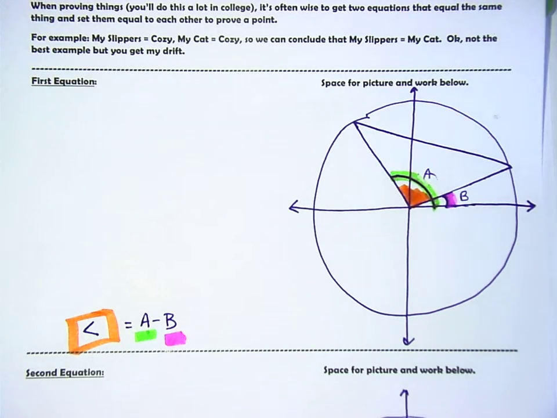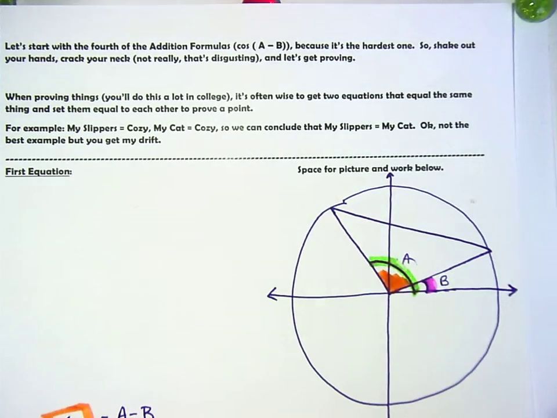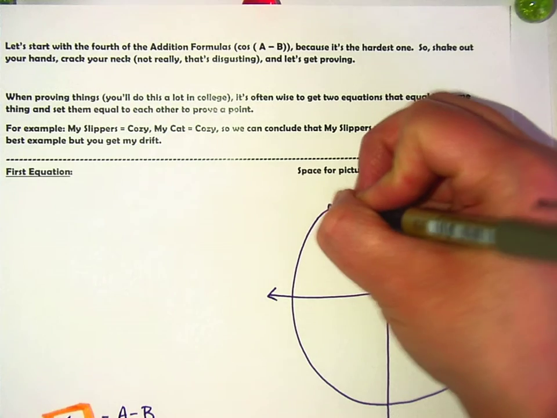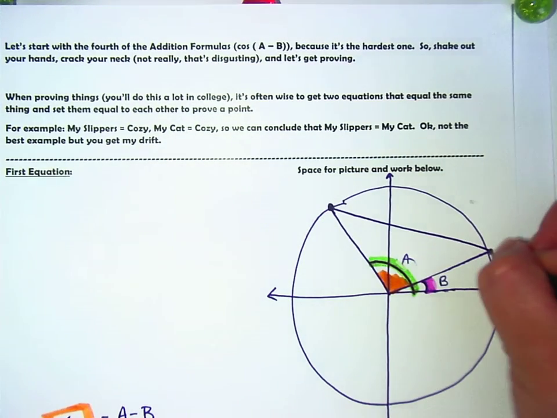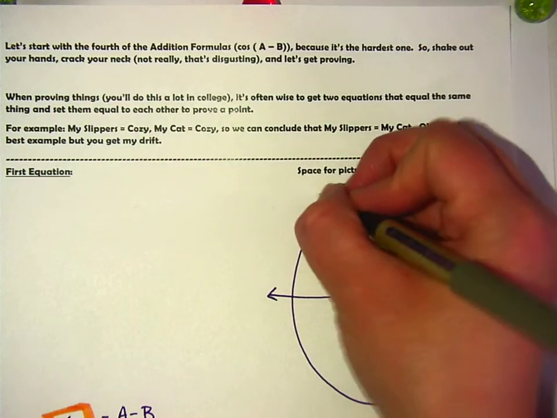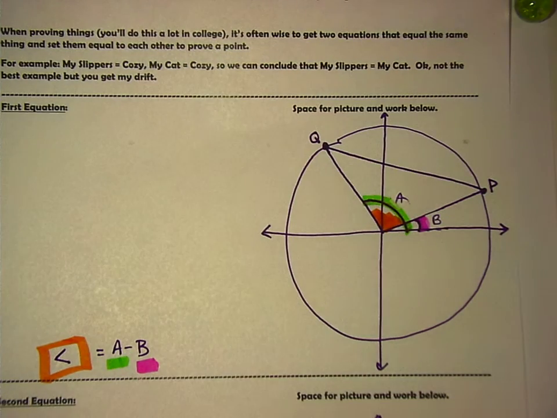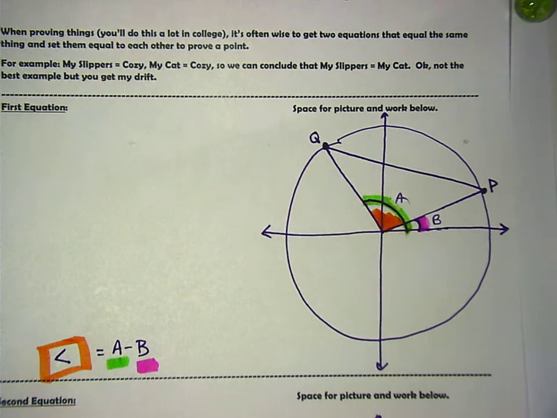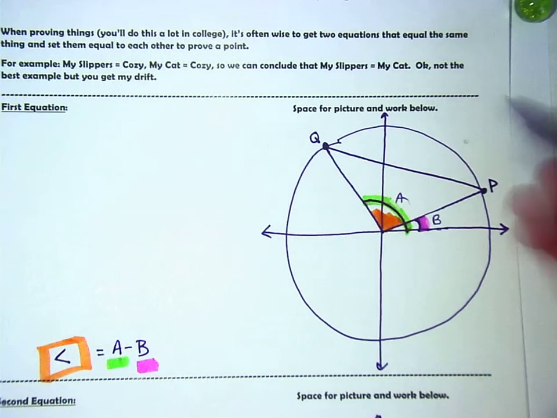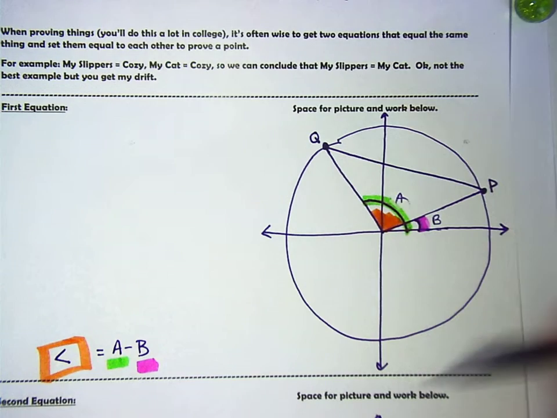I am going to call this point P and this point Q. Now, this is the unit circle, right?